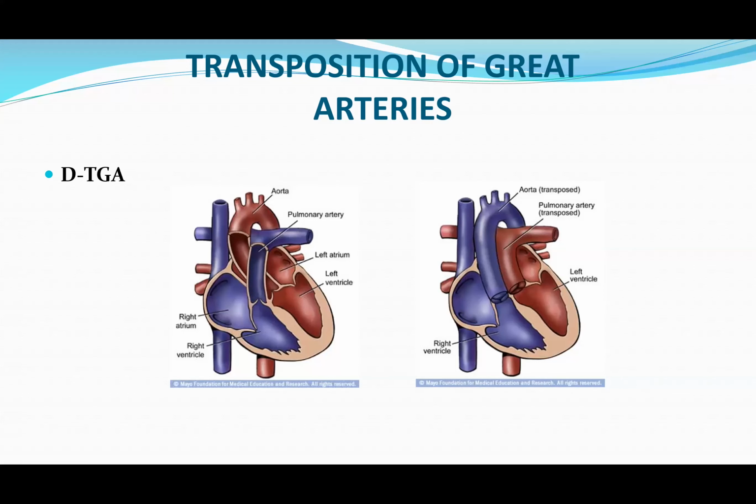Åke Senning was a Swedish surgeon. He came up with this idea where he used the atrial wall to create what we call a baffle. It's like he creates a tube and directs the arterial blood in the left atrium and shunts it across the tricuspid valve here so that it will go here.